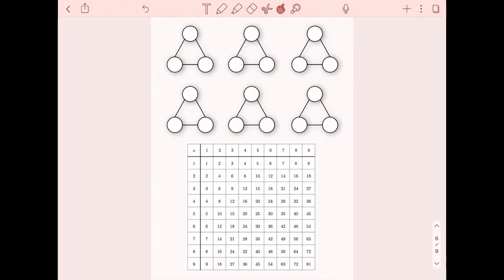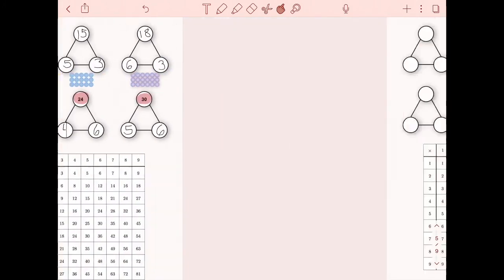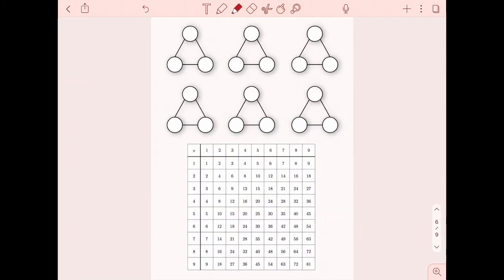Lastly, I have 6 more of these factor triangles. Some independent work that I'd like you to do through the rest of the week here is I'd like you to make 6 more factor triangles of your own, using some numbers we haven't used yet. It's real simple. Again, what you're doing here is you're finding a number to start with. Say it's 42, for example.